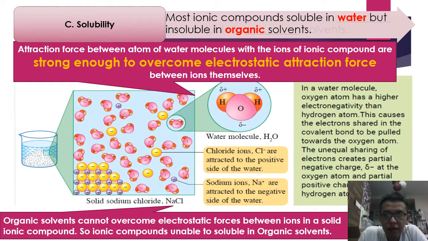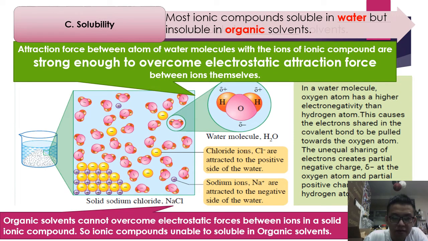For solubility, most ionic compounds are soluble in water but insoluble in organic solvents. This is because of the attraction force between the water molecule, H2O, and the ionic compound ions. You can see Na positive and Cl negative.